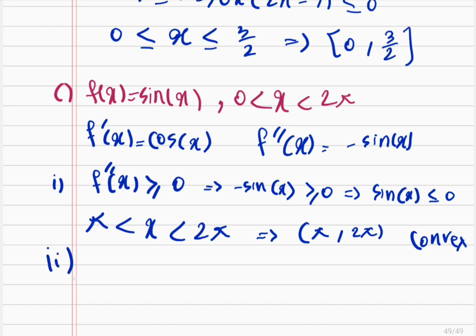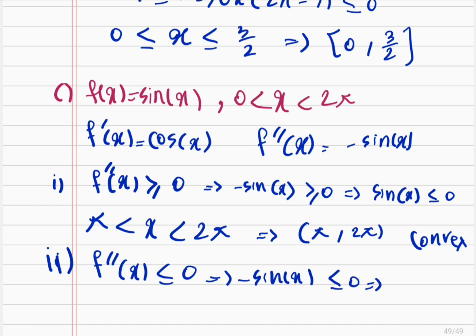The second part is when the function is concave. That happens when f''(x) is less than or equal to 0, which means minus sin x is less than or equal to 0. Again, multiplying both sides by negative, we get sin x greater than or equal to 0 this time. And as you might have guessed, the values of x for which sin x is greater than or equal to 0 are when x is between 0 and π, because sin 0 is again 0 and sin π is also 0, but the midpoint is π over 2 and the sine of π over 2 is just 1.